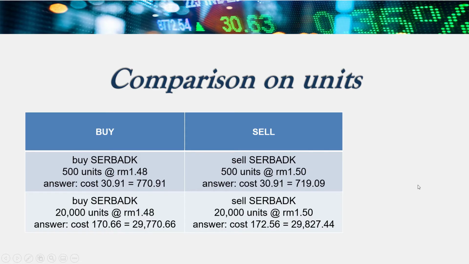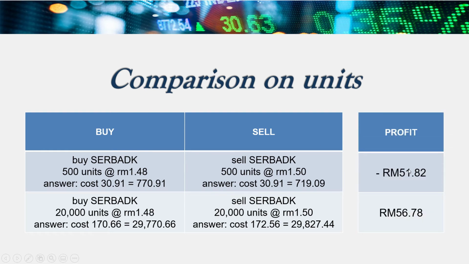Okay, let's compare those again. Serba Dynamic 500 units on the first row, and then Serba Dynamic of 20,000 units on the second row. Are we making profit with 500 units? No, we made a loss of 51.82 ringgit.